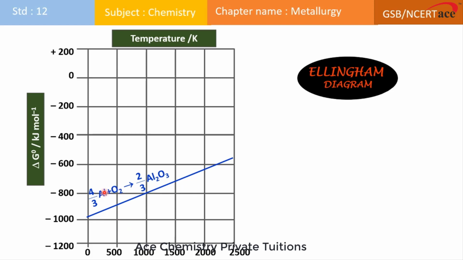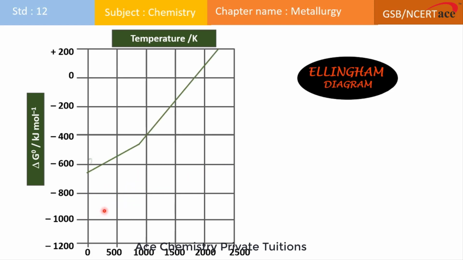It indicates again that aluminium is ready to form its oxide at lower temperature. This is due to the more negative value of delta G naught for aluminium oxide formation. So if any metal is ready to form its oxide at low temperature, that indicates that metal is more reactive.